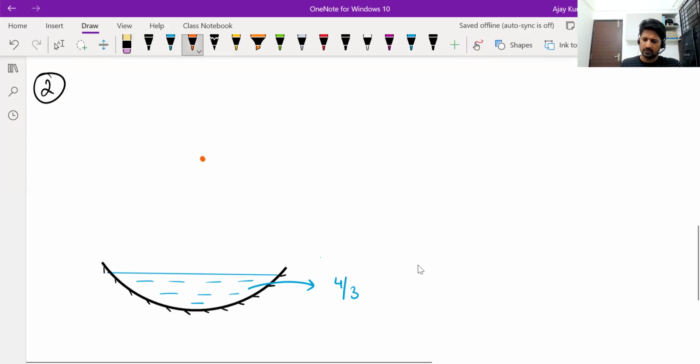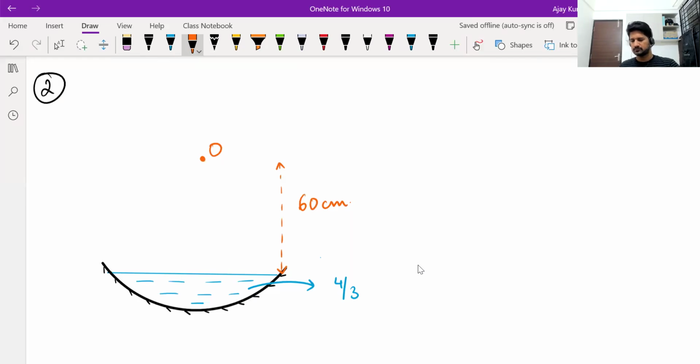That point object is at a height of 60 centimeters above the water surface. Find out where the final image forms. And I have to give you the radius of curvature of the mirror. Assume the radius of curvature is some 20 centimeters.